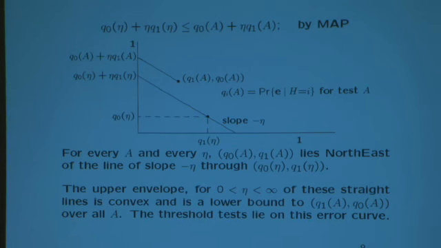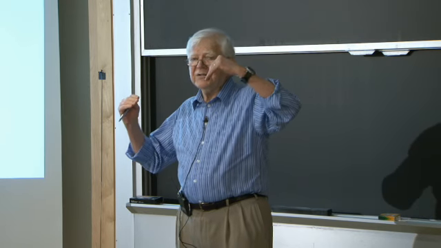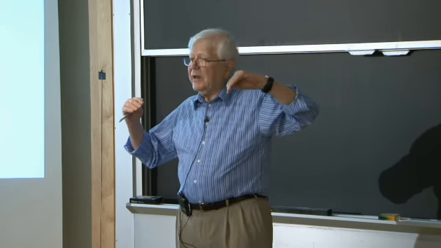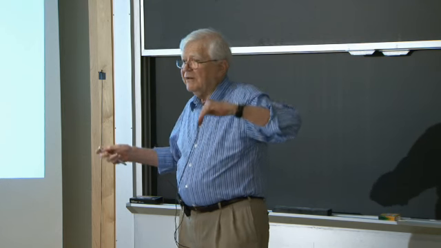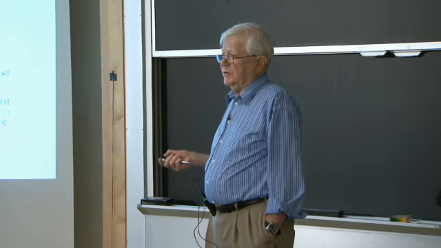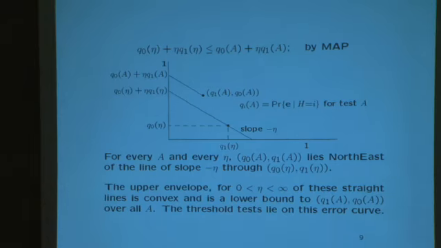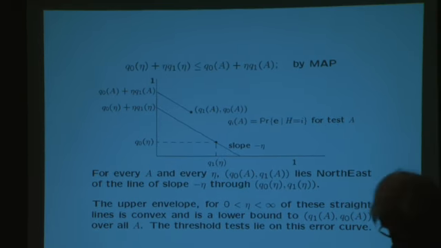When eta is very big, the line of slope minus eta goes like this; when eta is very small, it goes like this. We think of plotting all these lines and taking the upper envelope of them, because every test has to lie northeast of every one of those lines. So we take the upper envelope of all of these lines, and we get something that looks like this.